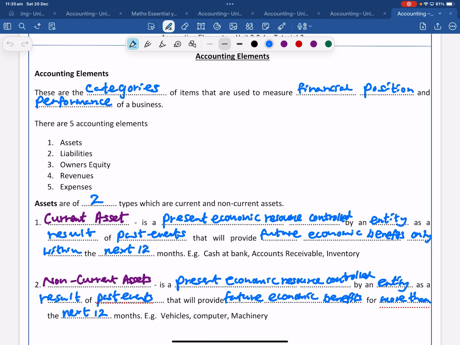They are current in the sense, guys, they basically evaporate in 12 months. They are gone in 12 months. Non-current means the assets that you can use for more than 12 months, like your phone, laptop, calculator, vehicle, property, things like that, furniture.